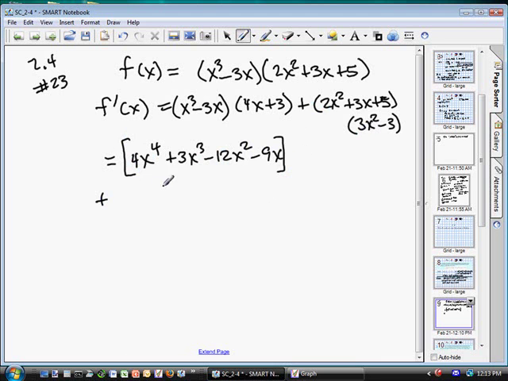2x squared times 3x squared is 6x to the fourth. 2x squared times negative 3 is negative 6x squared. Three x times 3x squared is 9x cubed. 3x times negative 3 is negative 6x. 5 times 3x squared is 15x squared.